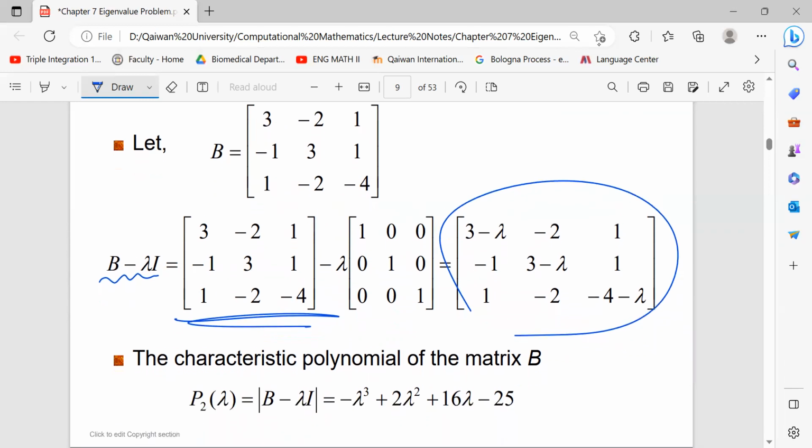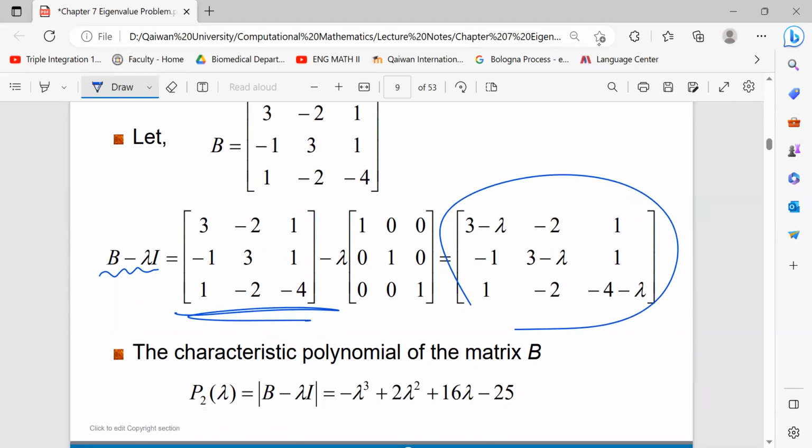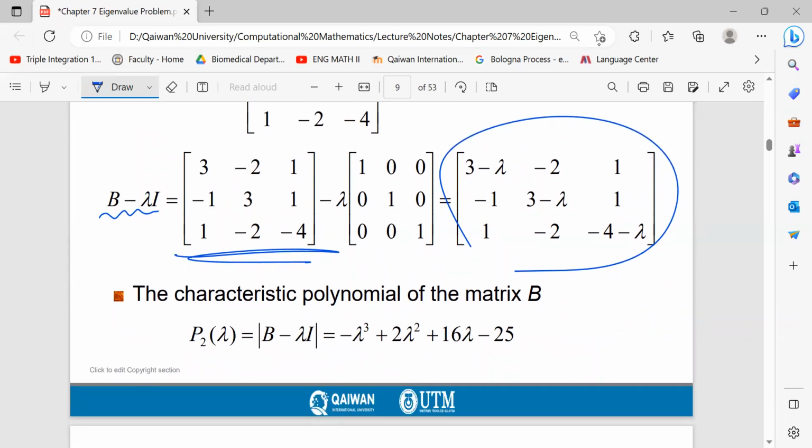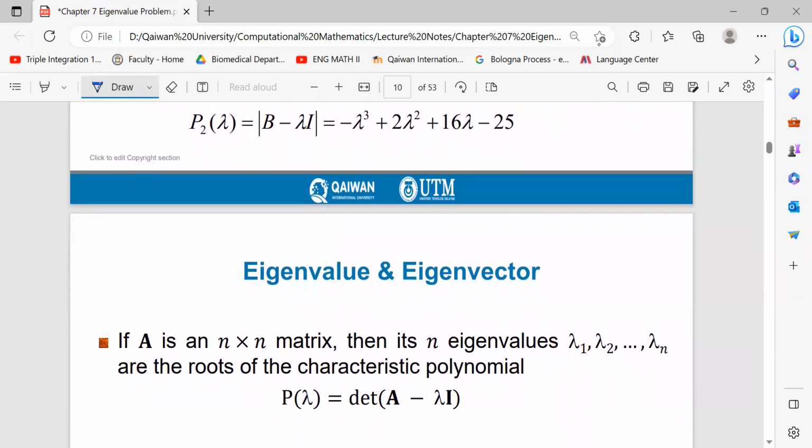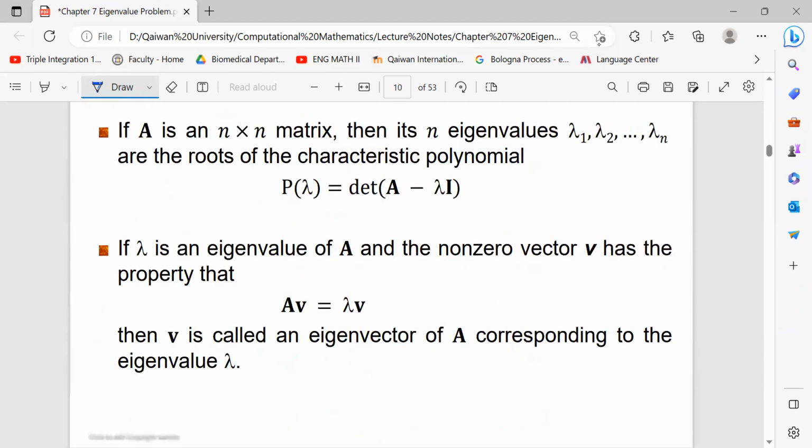Then the determinant of this matrix is this, and this is called the characteristic polynomial for B. To get the values of lambda, just set it equal to 0 and find the values of lambda. Factorize and find the values of lambda. You'll get the result.